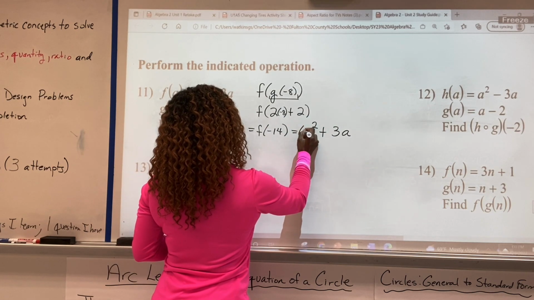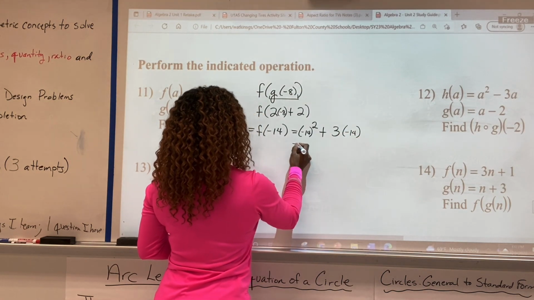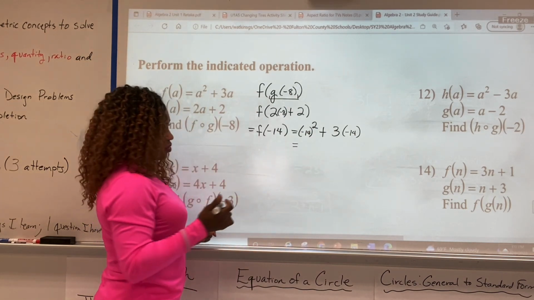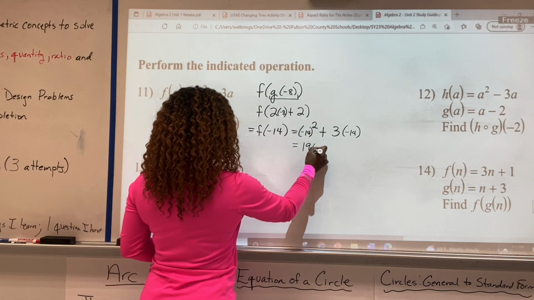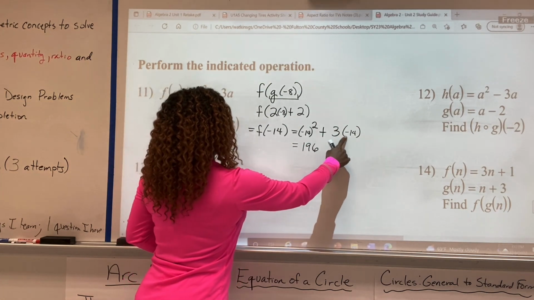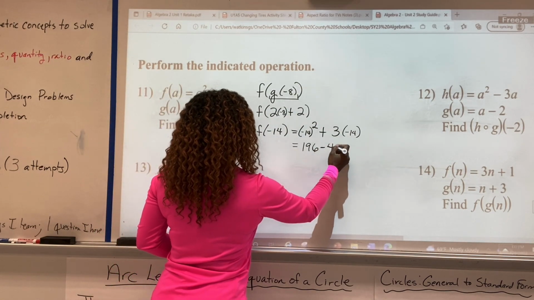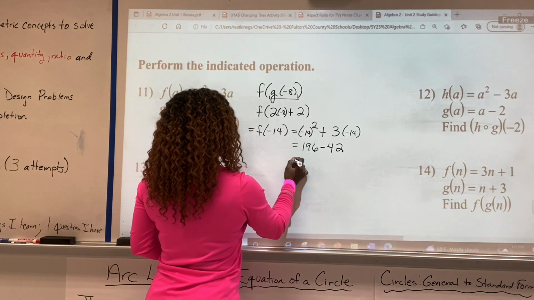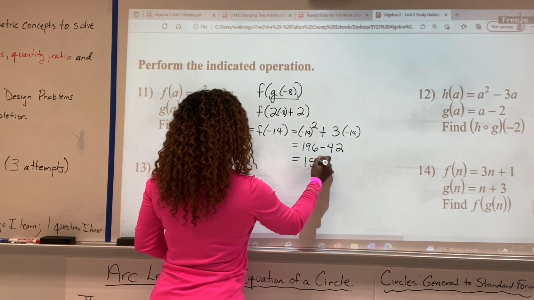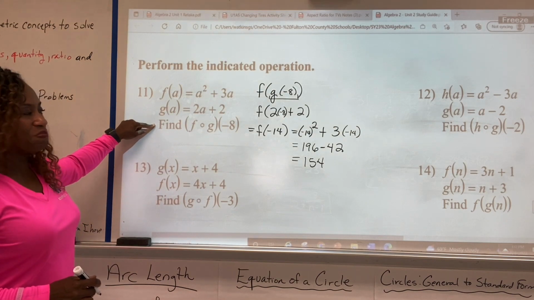So let's do it. -14 squared, a negative times a negative gives me a positive 196. Plus 3 times -14. Well, a positive times a negative is a negative, and that will be a minus, or negative, 42. And then when I take 196 and subtract 42, I'll end up with 154. And that's my final answer to this problem.